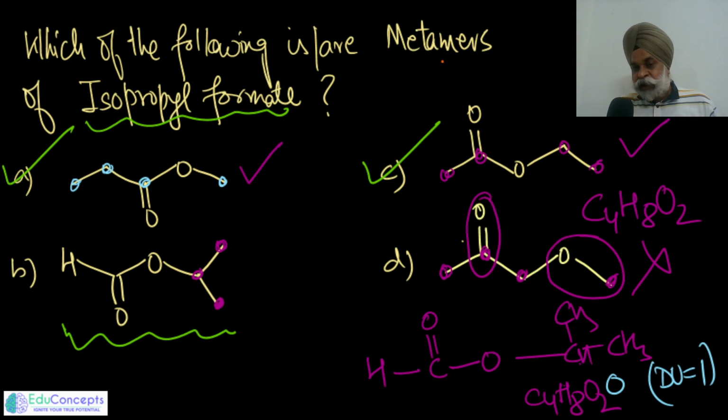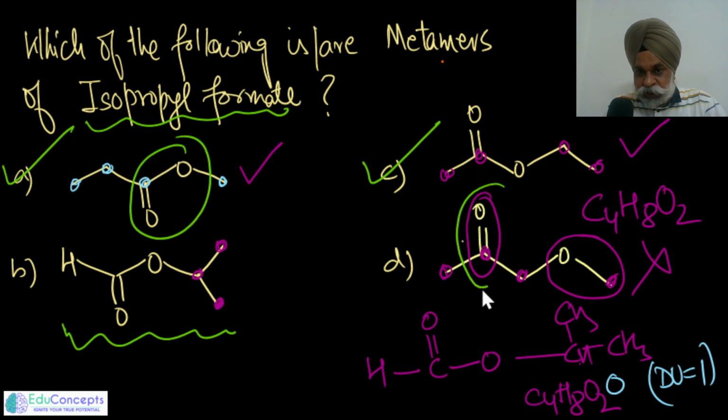If it is ether in all the metamers, ether should be reflected. If it is ketone, it would be reflected in all of them. Just like in this case, it is ester, but this is alkoxyketone, which would not be the answer for this particular type of question.